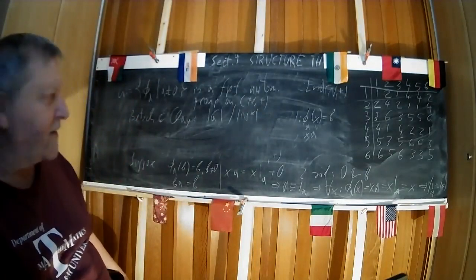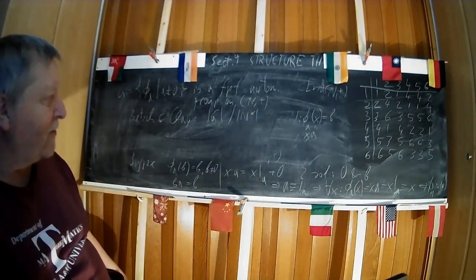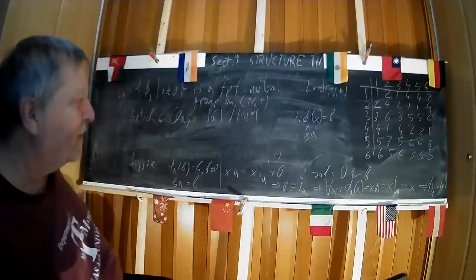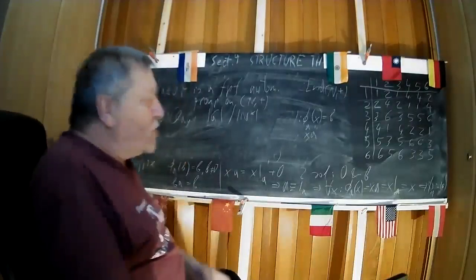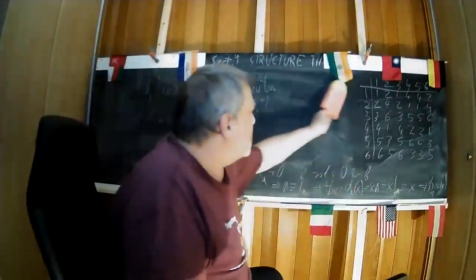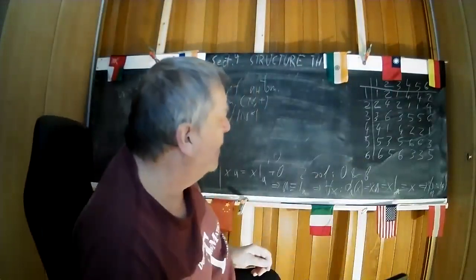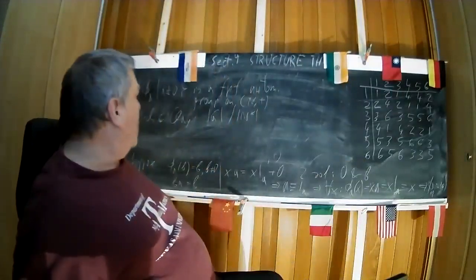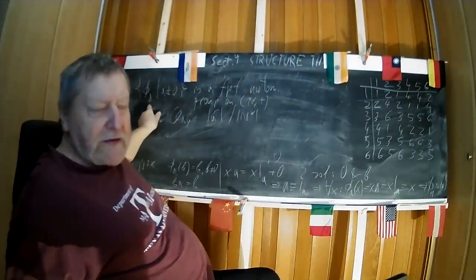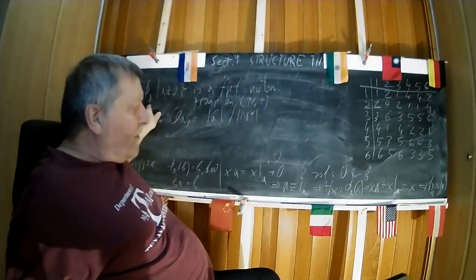Now, why is this a real advantage over the thing we had before? If we would like to check if this gives a planar nearring, then we simply have to look at all the phi sub A's.